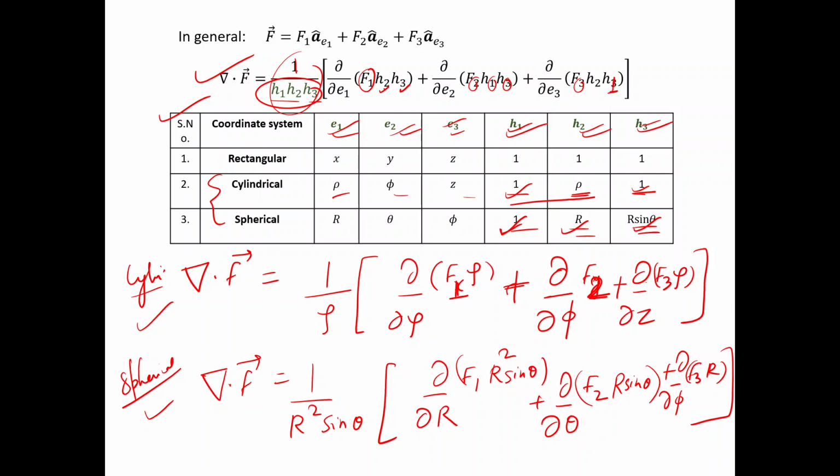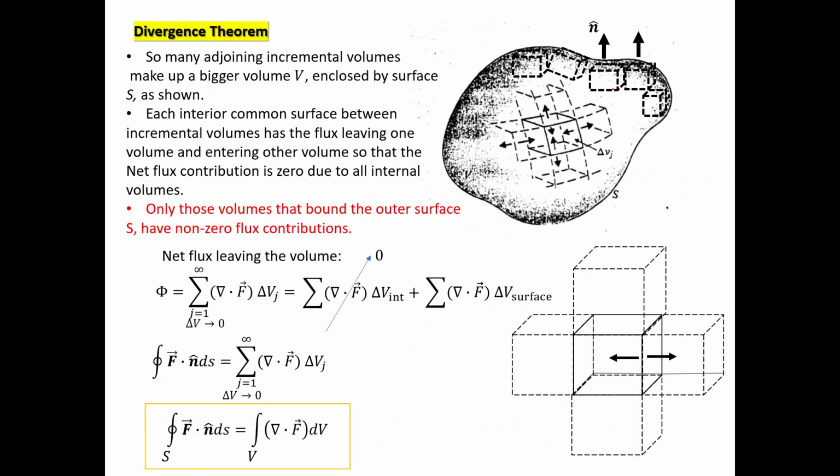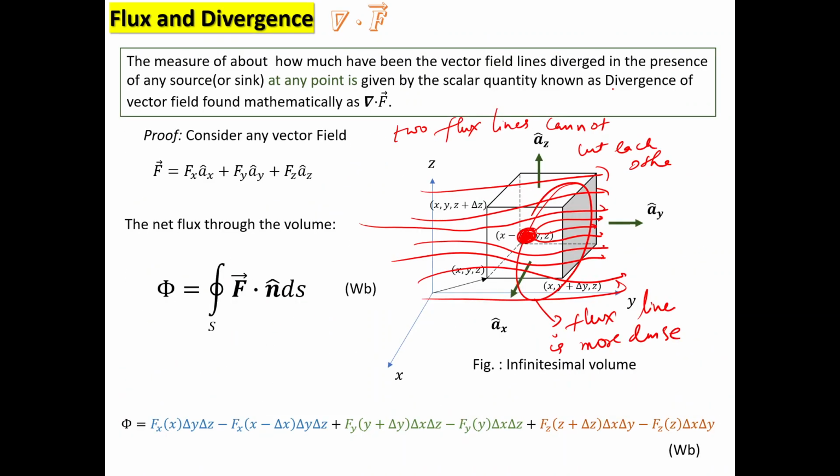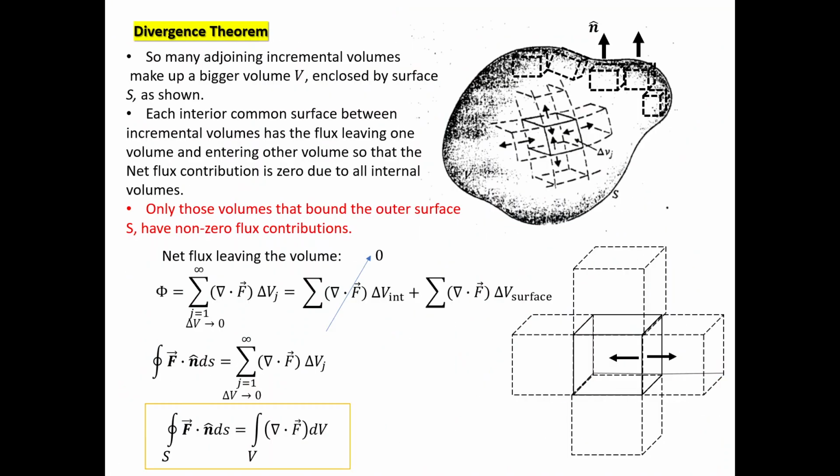Now moving on. Now we derived the concept of divergence for a point xyz, considering a very infinitesimal volume at that point. Now think about a very bigger volume, macroscopic.